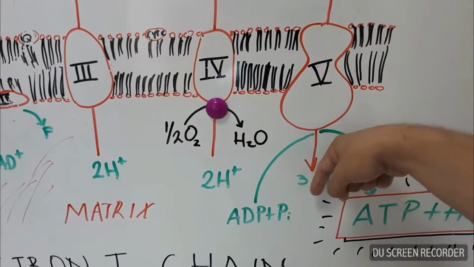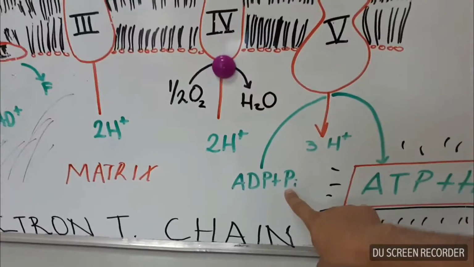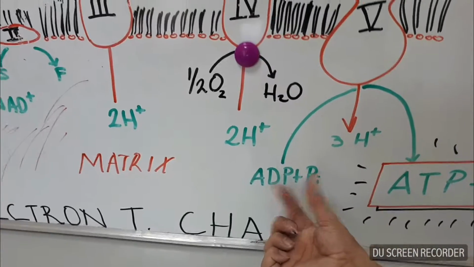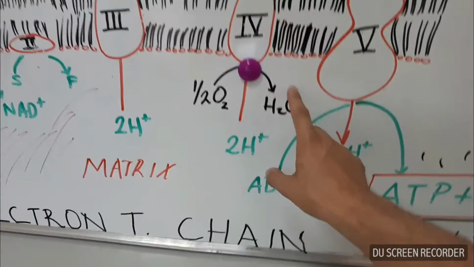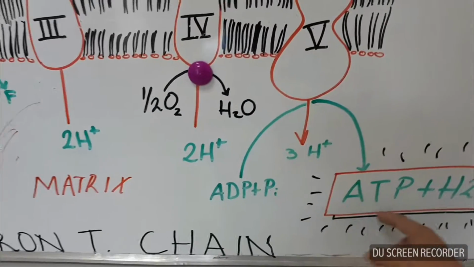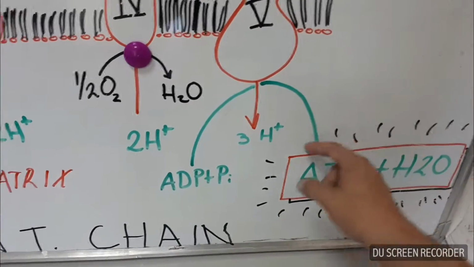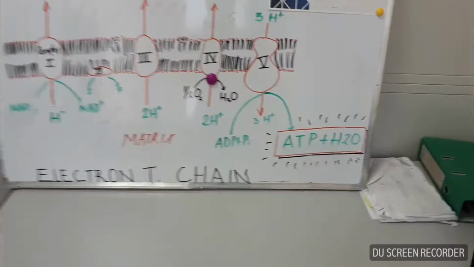Why do I need this to be charged? Because I have ADP from previous processes plus phosphate. This energy, clank, closes this and will create ATP. Plus the water that I have here. This is the result. This is the actual result of our electron transport chain.